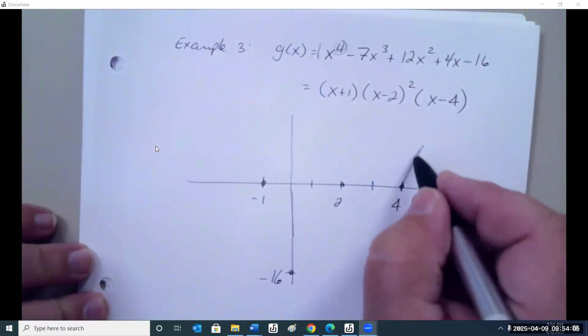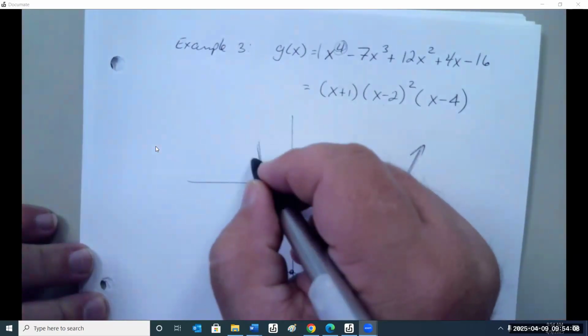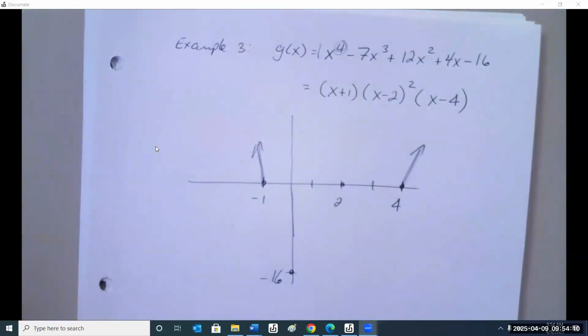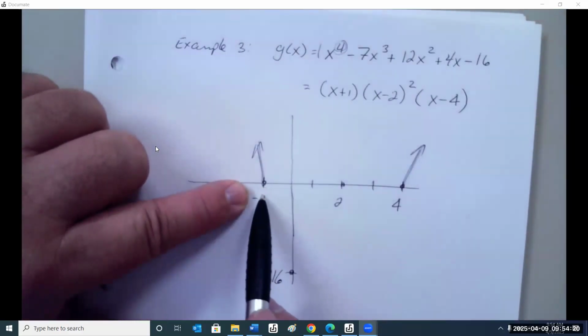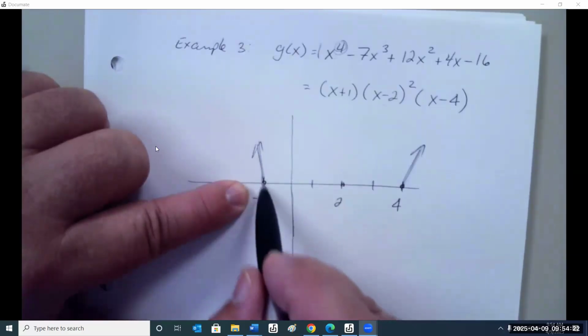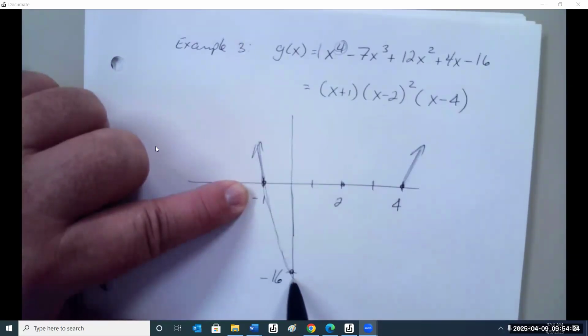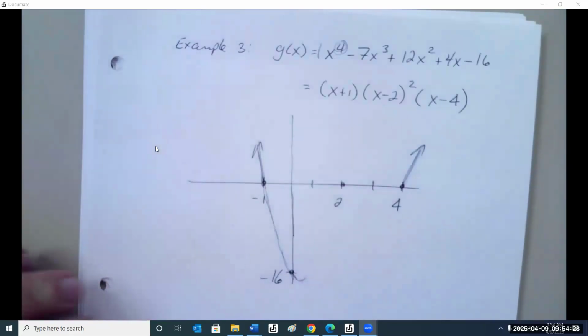So what we know automatically is from here to here, that's what happens at the endpoints. So since it crosses at -1 and the y-intercept is at 16, it crosses that one.